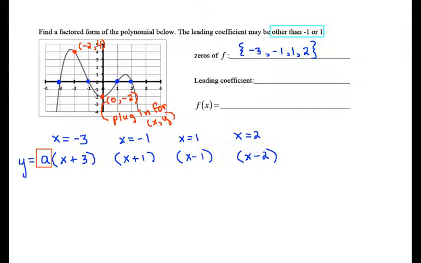What that's going to give me is an equation that is only an a, right? So if I put negative 2 in for y, and I leave a alone, and then in each of these factors I'll go ahead and plug that 0 in for x.